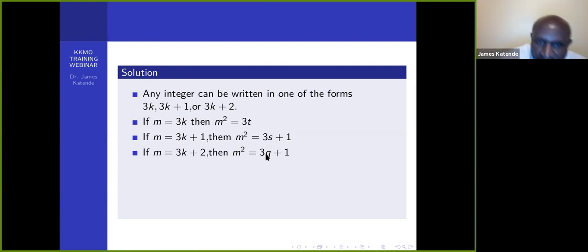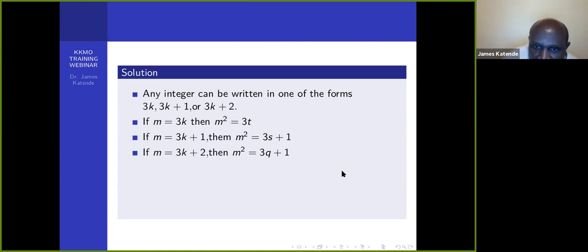Any perfect square will either be a multiple of 3, or if it is not, it will leave remainder 1 when divided by 3. A perfect square does not leave remainder 2 when divided by 3. It's either a multiple of 3 or leaves remainder 1.